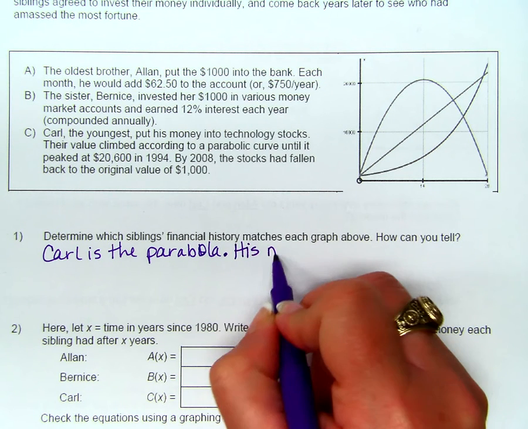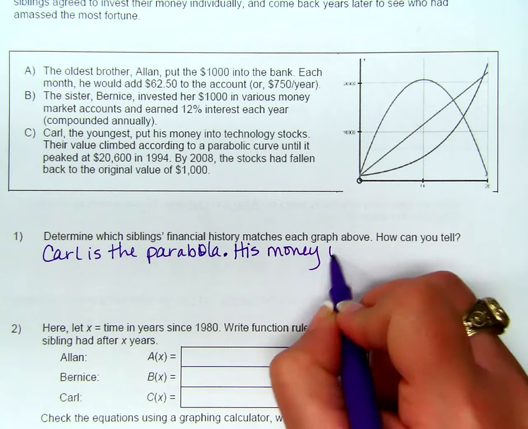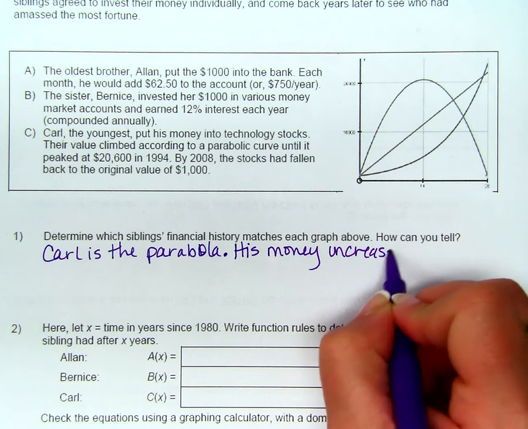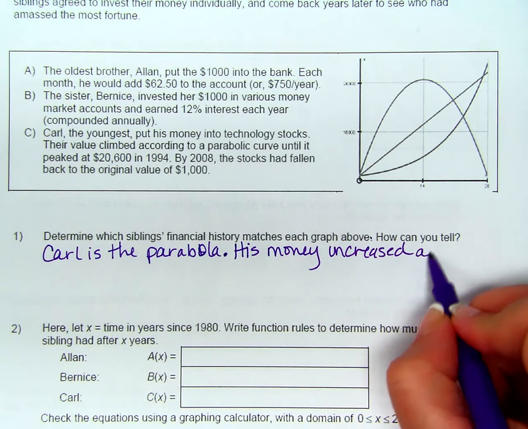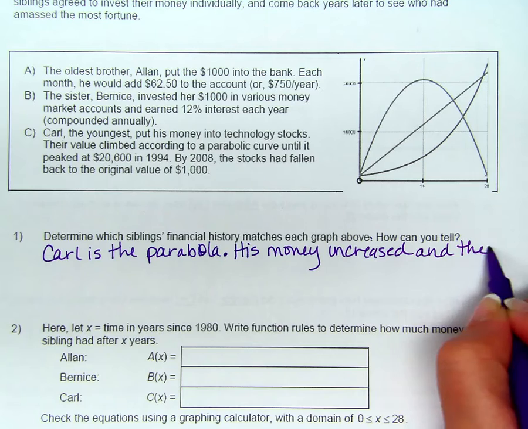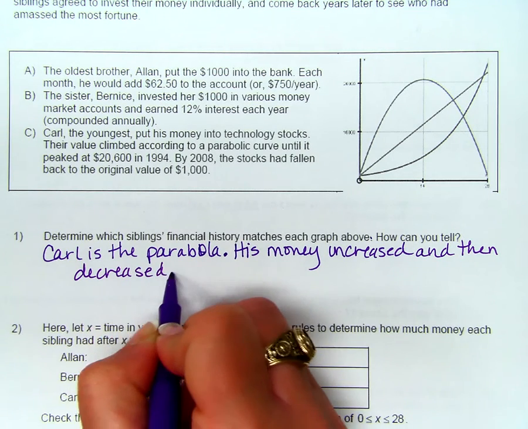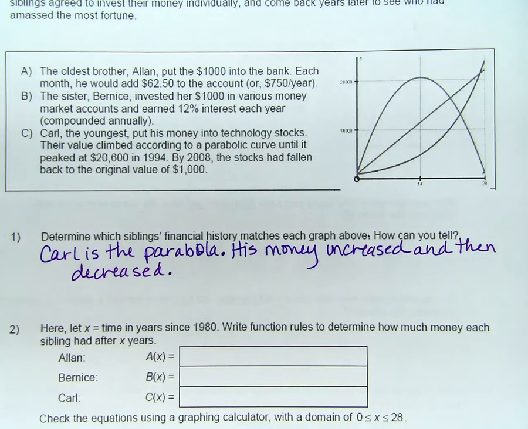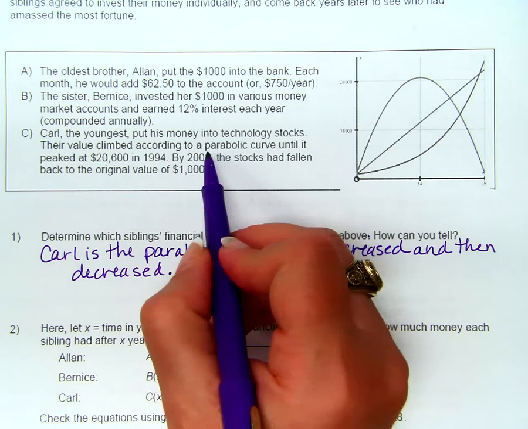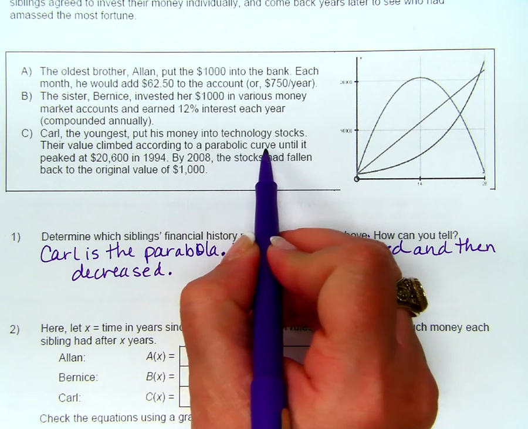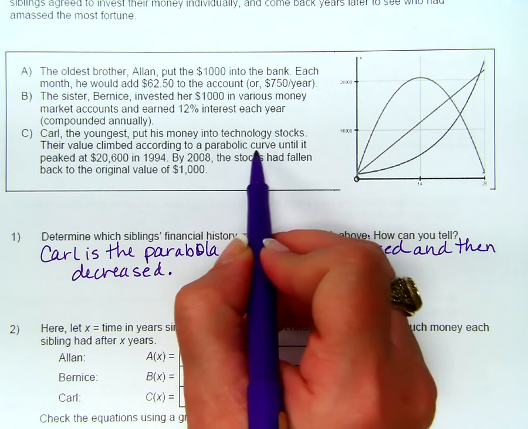So his money increased and then decreased. Guys, another thing is it says it's a parabolic curve. For the record. Right there.